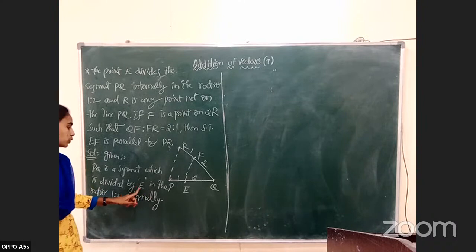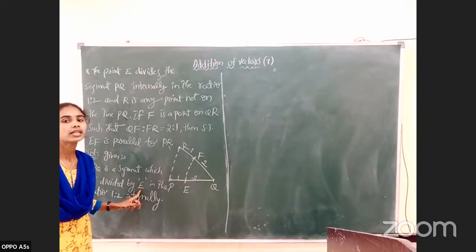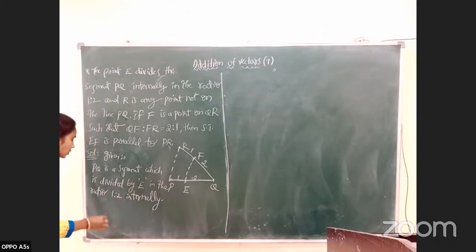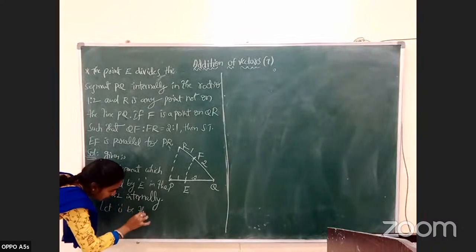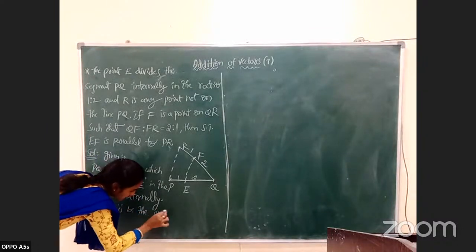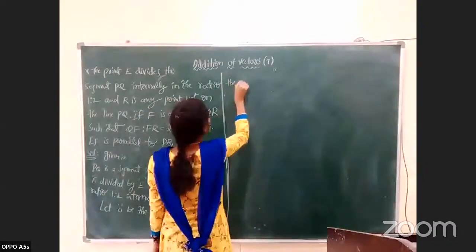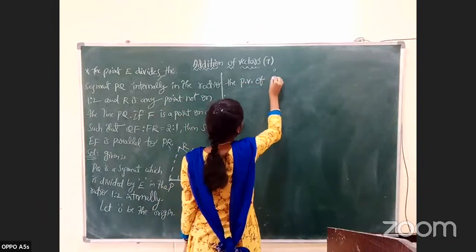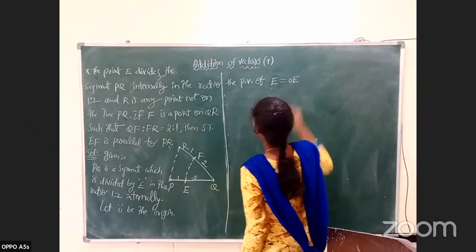Then we get the position vector of E simply. Let O be the origin, then we get the position vector of E by using the section formula. So the position vector of E is indicated by OE.